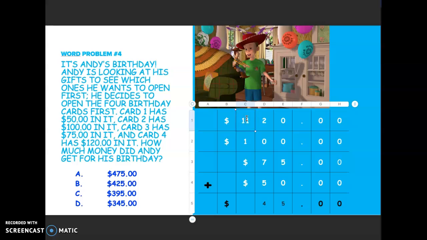So it's basically 1 plus 1. So you get 2, and then you're going to add the other one, and you get 3. So Andy got $345 for his birthday, and that would be D.